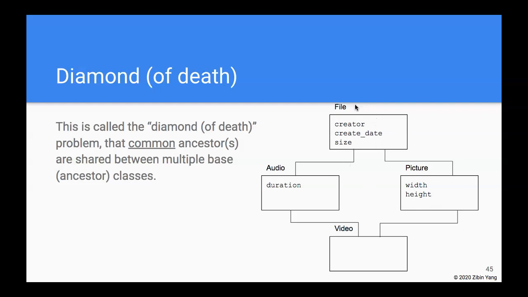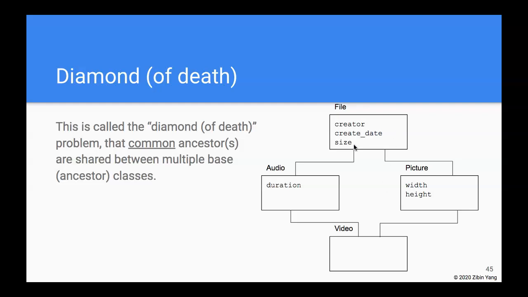So here the problem is both audio and picture serve as a base class for video. However, both of them inherit from another class. And that is the root of the diamond of death problem.